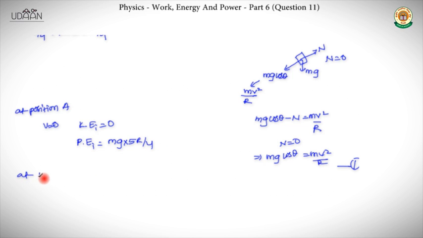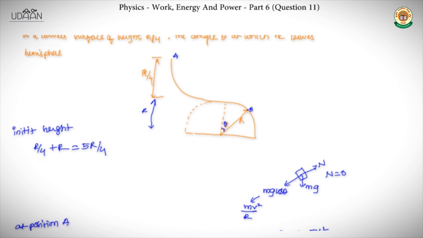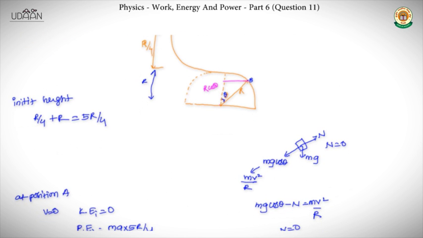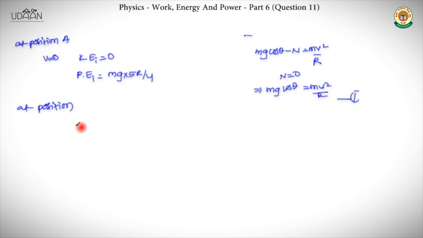At position B, he is at a height, as in this triangle, this is r and this is theta, so this will be equal to r cos theta. So he is at a height r cos theta. At position B, final potential energy is equal to mg into r cos theta, and as we assume the velocity of the person at position B is v, final kinetic energy is equal to half mv square.